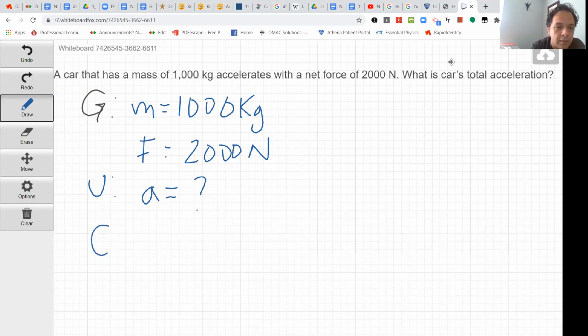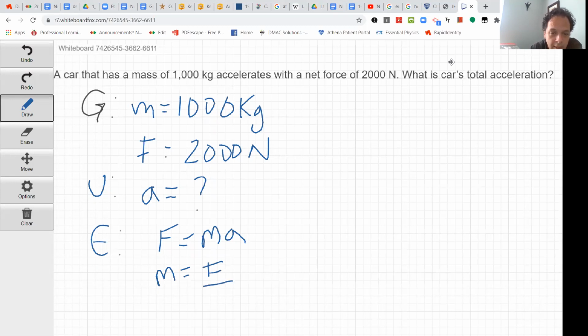So what equation are we going to use? Well, there's 3 main equations. There's F equals mass times acceleration. There is mass equals force divided by acceleration. And there is acceleration equals force divided by mass.